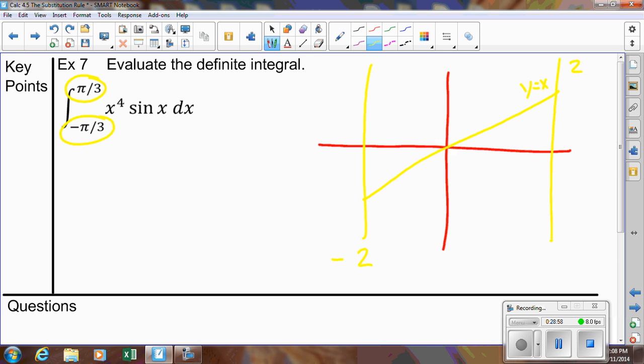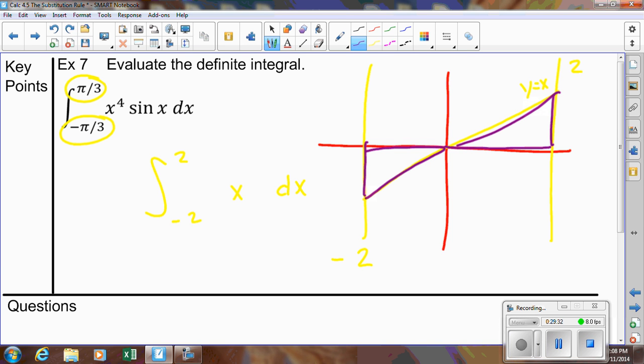What is the area from -2 to +2 for the simple function y equals x dx? Please remember, area that is underneath the x-axis is considered negative area. My drawing is poor, but this is the same triangle above and below the x-axis, so these areas are going to wipe each other out and be 0.